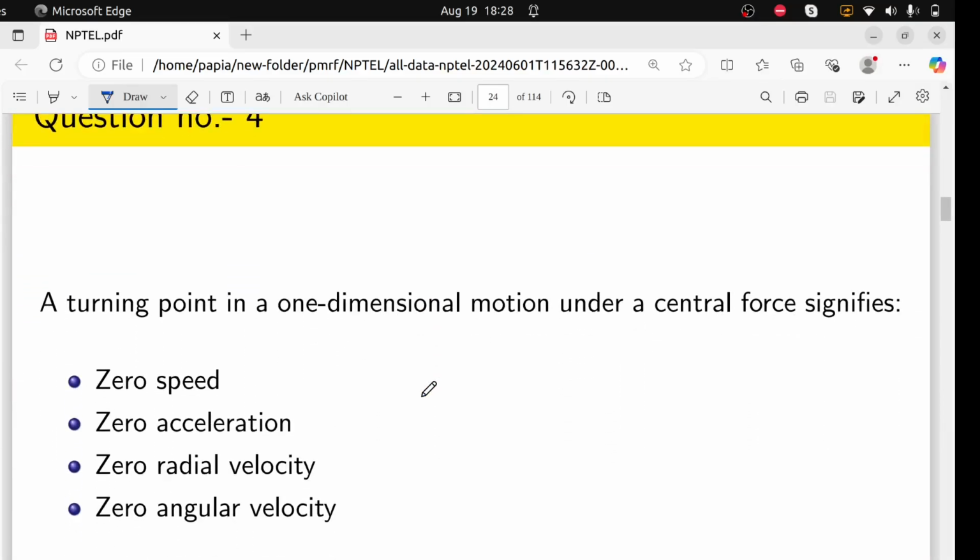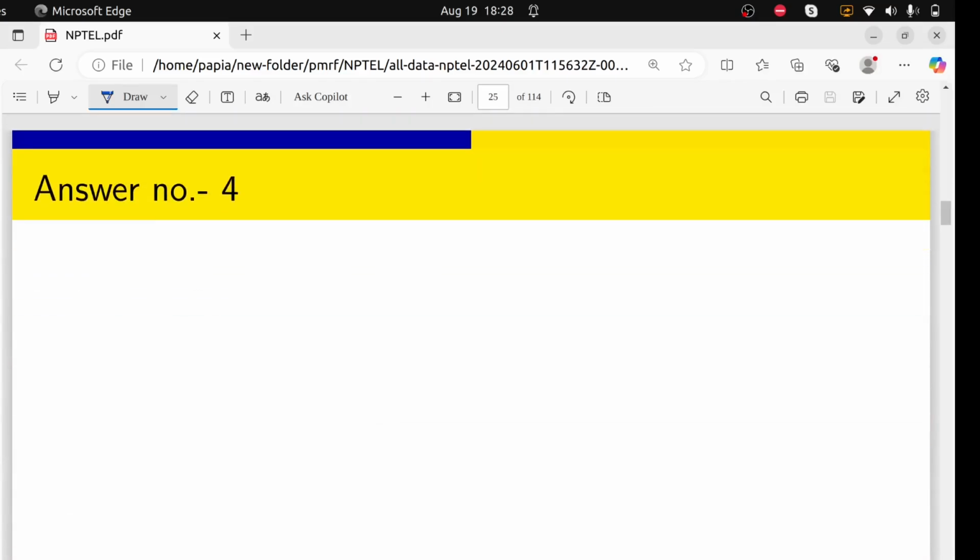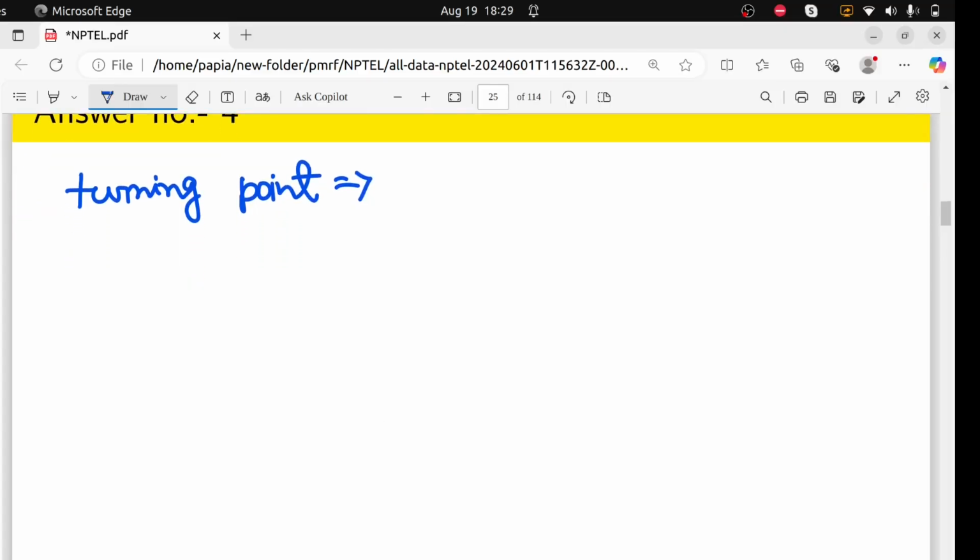Okay. A turning point in a one-dimensional motion under a central force signifies what? Let me first write here what is turning point. To know what is turning point, first of all we need to write the total mechanical energy.